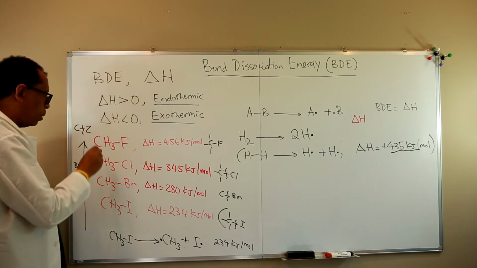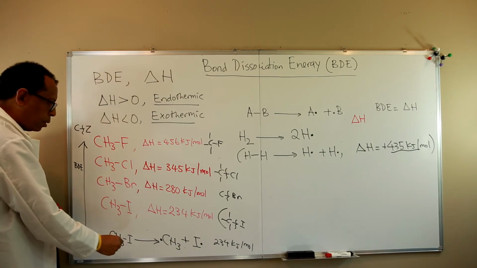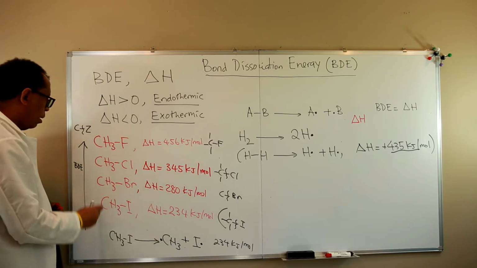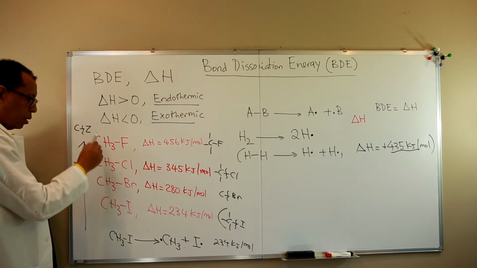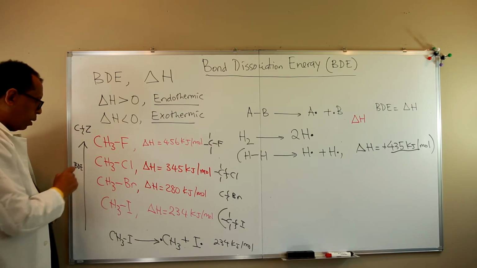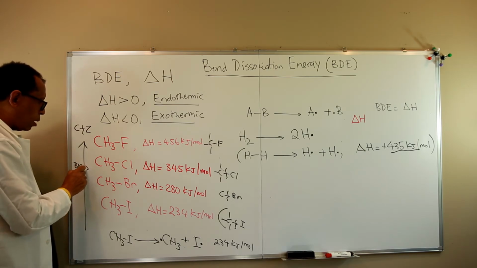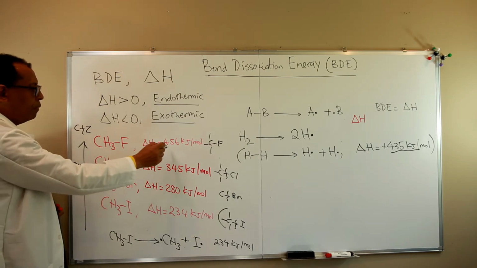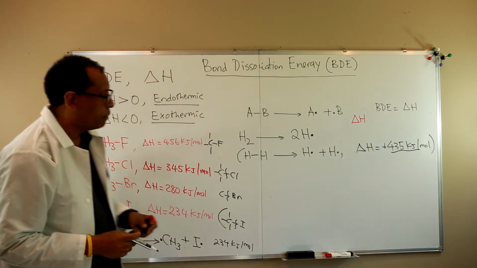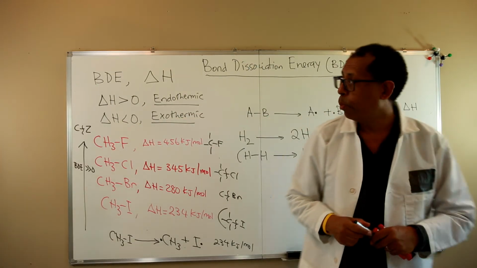In the periodic table, going down, bond dissociation energy decreases, but going up in this series it increases. Bond dissociation energy is much greater than 0. For fluorine, obviously it's 456 kilojoules per mole.